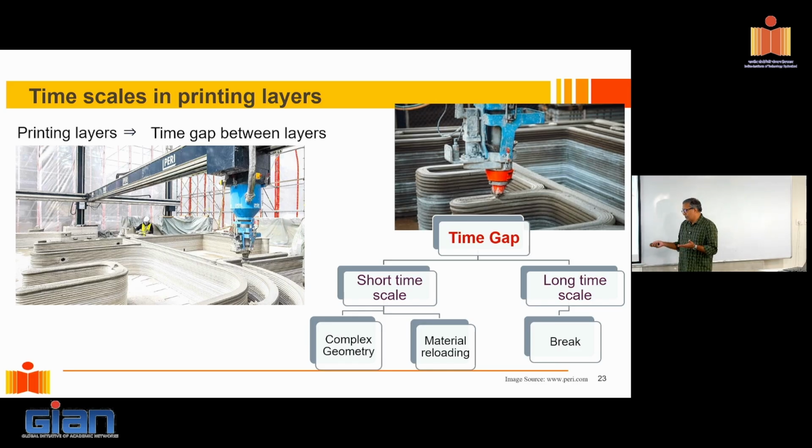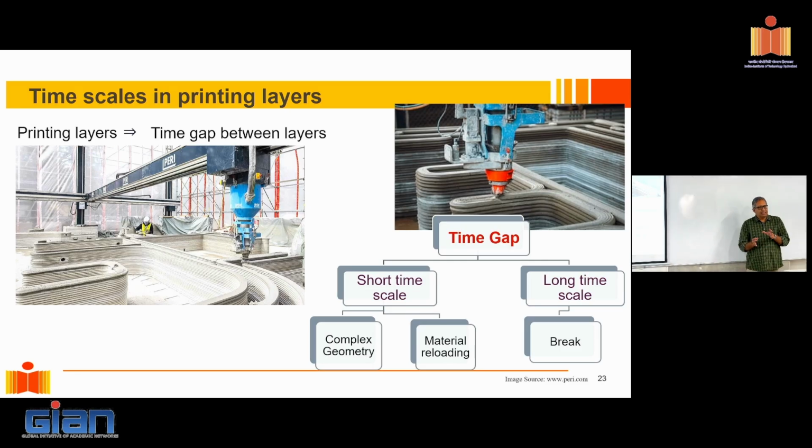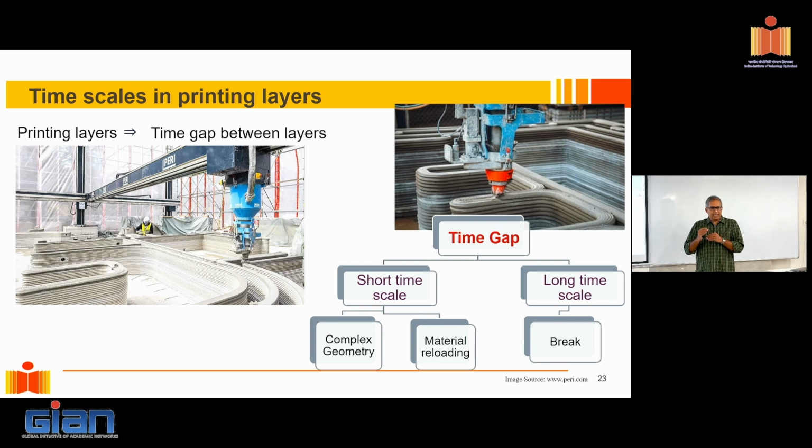Then oftentimes, suppose I want to print up to 1 meter height. Now, I can only put so much material into the pump. So after that material is used up, I need to recharge the pump again. So there is a small amount of gap that is introduced because of material loading. Again, that's on the order of a few minutes, right? So layer to layer gap can come on the order of a few seconds to a few minutes, which is what we call the short time scale, which is all introduced because of the process.